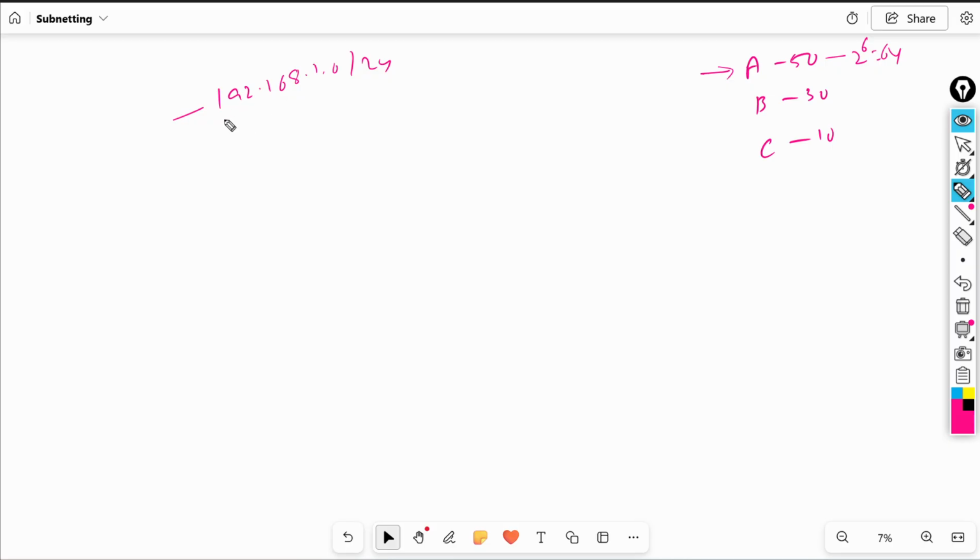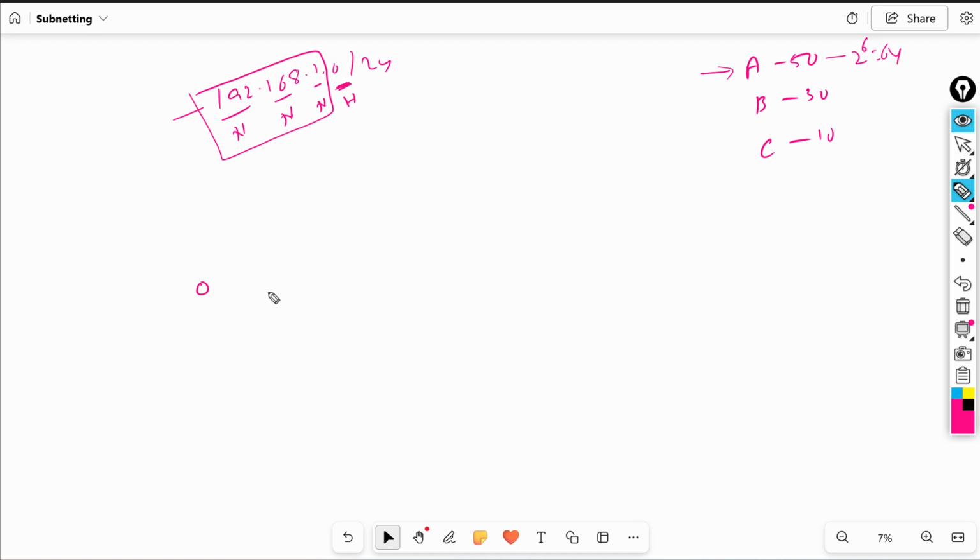Now see here. This is the network portion. This is also network portion. This is the host portion. So we cannot do anything on the network portions. Remember this point: in the first three portions we cannot do anything. In the last portion, how many bits are there?